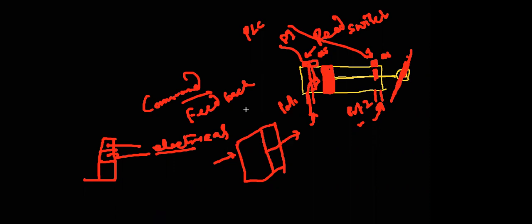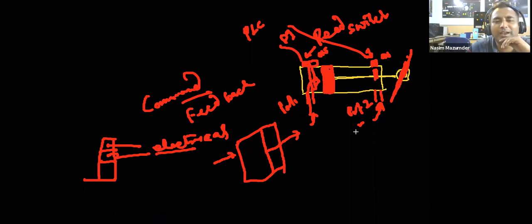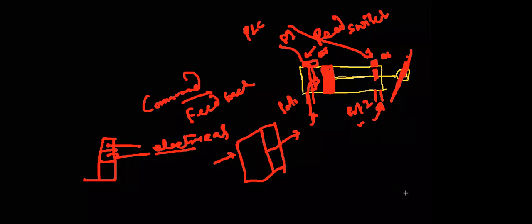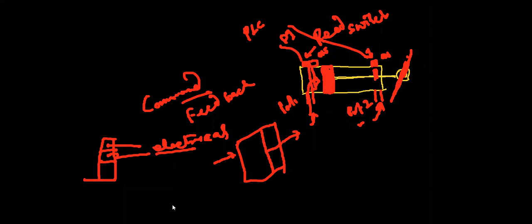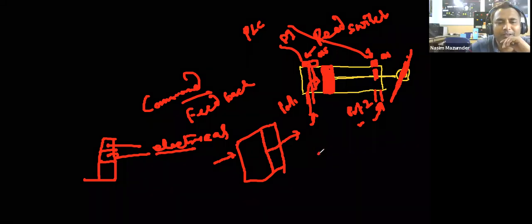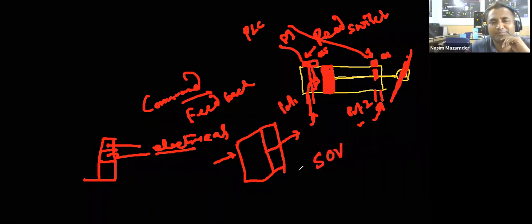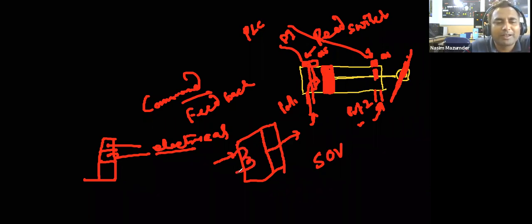Yes, Vivek is right. We can simply use an SOV over here, a solenoid valve. If it is a solenoid valve, then what will happen? You need on-off.